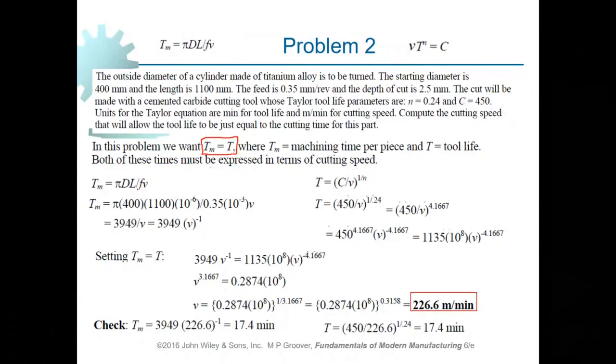Okay, the comment from Michael: Tm could be different values. Yes, Tm could be different values, of course. If we change the cutting speed, Tm will change. If we take a look up here in this equation, as cutting speed is greater, then Tm will be smaller. As cutting speed is smaller, then Tm will increase.